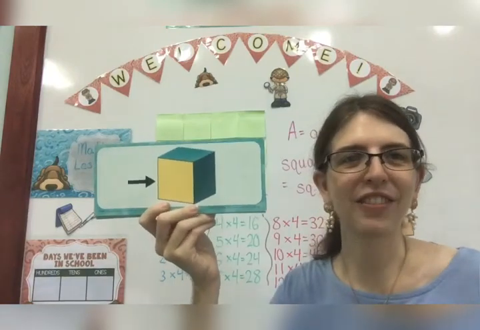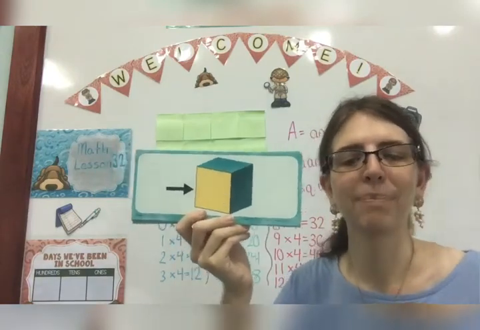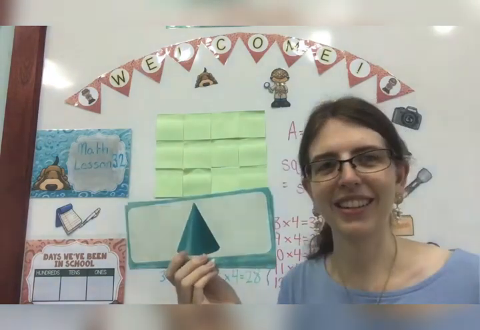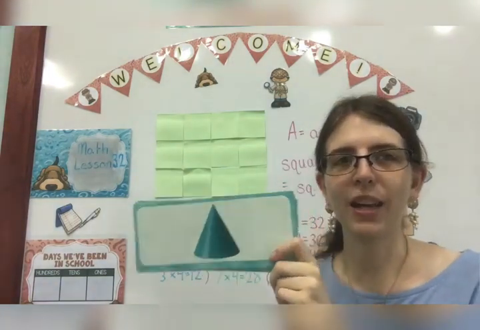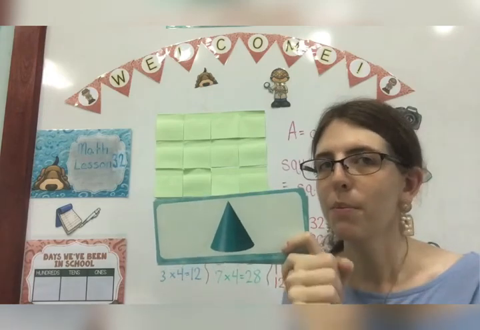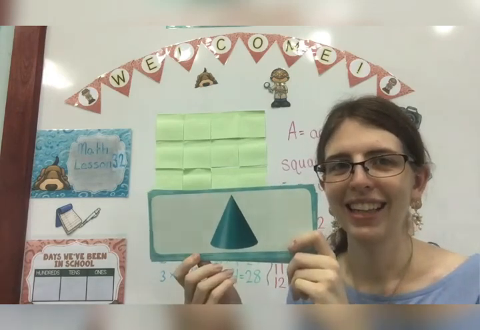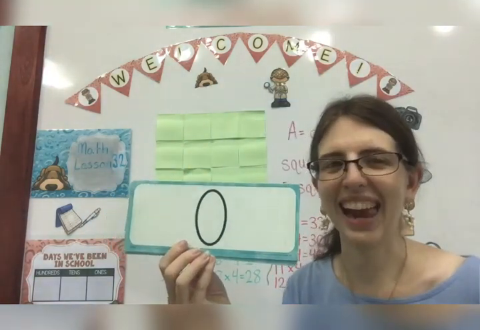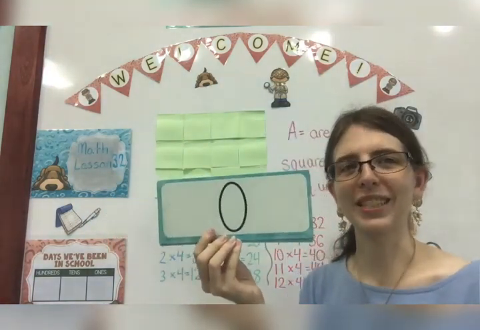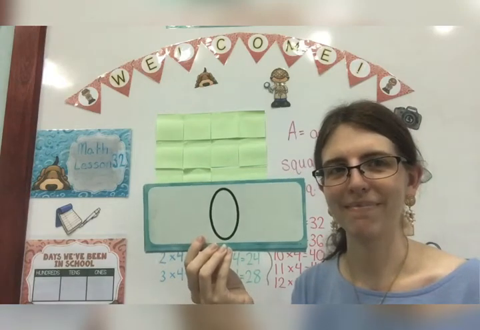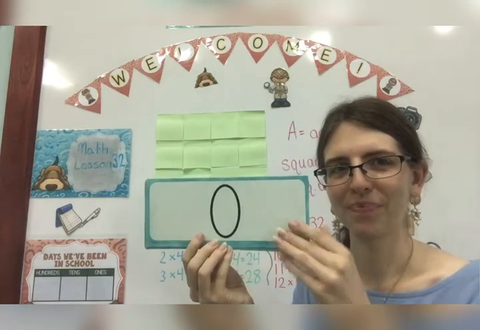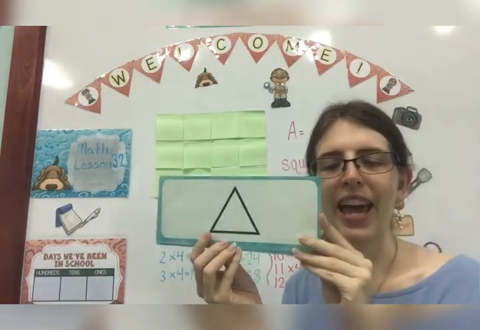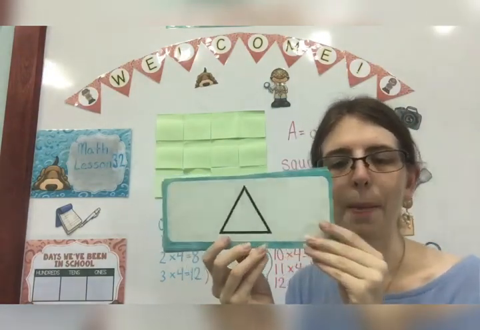What do we call this? The flat surface of a solid. Hazel? That's the face. Good. What do we call this one? It's just like when you eat ice cream. What do you have? It's a cone. Very good. That was for everybody. What do we call this one? Amy? An oval, yes. Okay, how about this one?